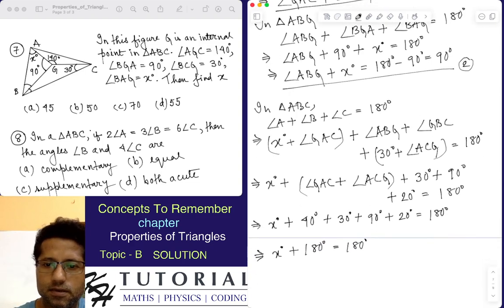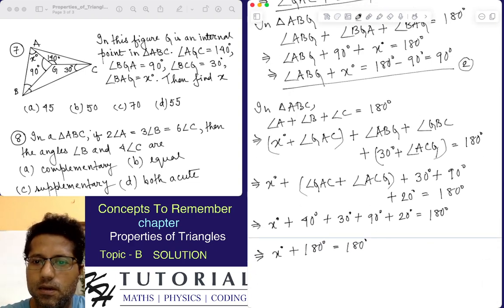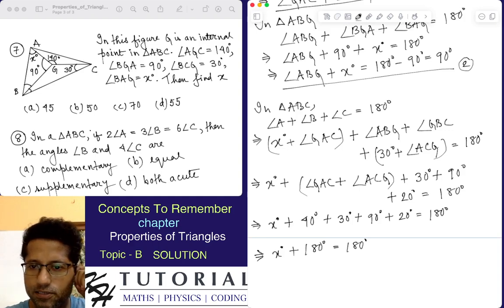This implies x degrees plus, if we combine angle GAC and angle ACG, okay, and then we have angle ABG. So we have combined angle GAC and ACG, fine, and we are left with 30 degrees plus angle ABG.